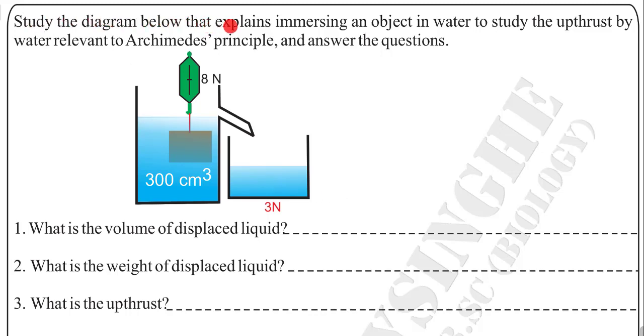Study the diagram below that explains immersing an object in water, to study upthrust by water relevant to the Archimedes principle, and answer the questions. The volume is 300 cubic centimeters. In that case, I will mark it there, because you have to understand it with the brain, children.